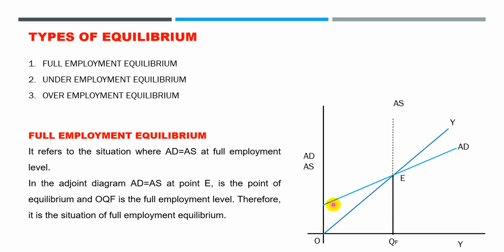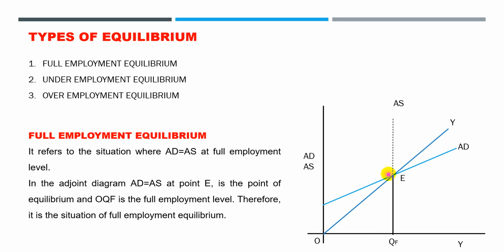Now the aggregate demand curve intersects the income line or aggregate supply curve at point E, corresponding to the full employment level OQF. Therefore, EQF is equal to OQF. Aggregate demand is equal to aggregate supply at the full employment level.